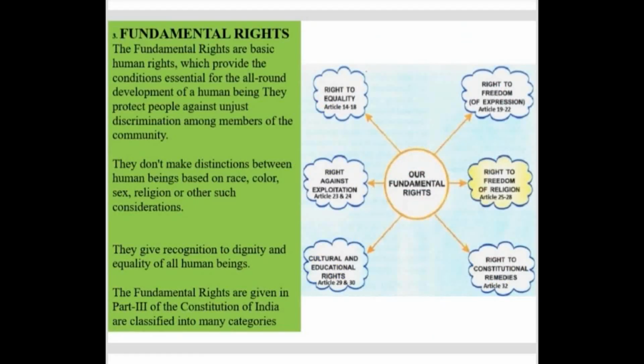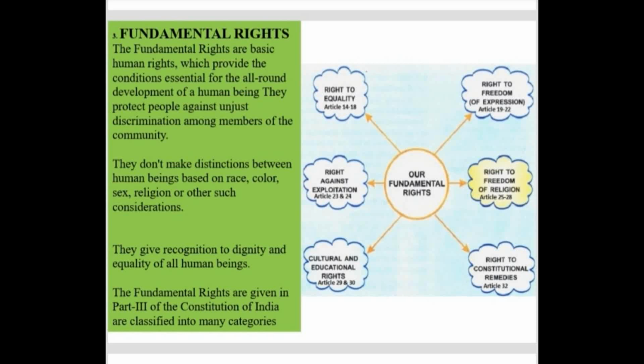So here come the fundamental rights. See, fundamental rights are also included in the salient features of the constitution, especially related to the citizens. So what are these fundamental rights? Before knowing about them, the feature called fundamental rights has been taken from the American Constitution by our constitutional makers.